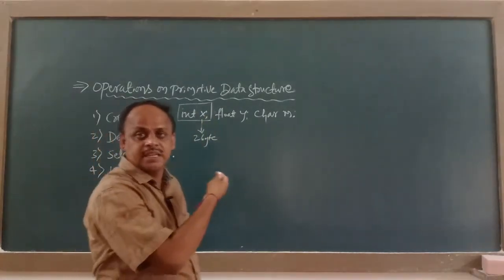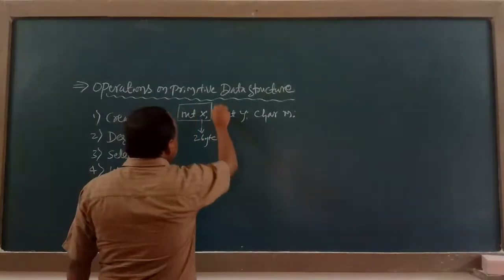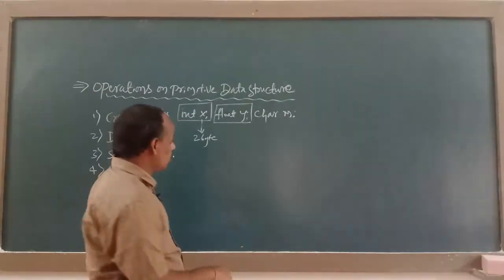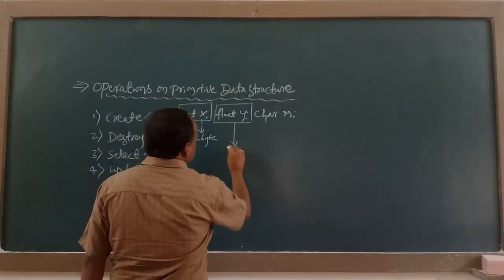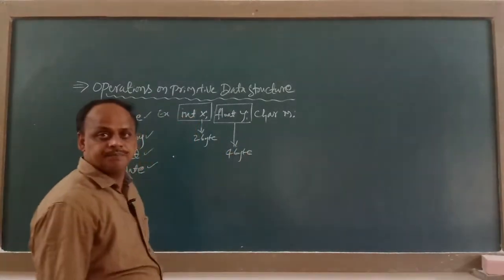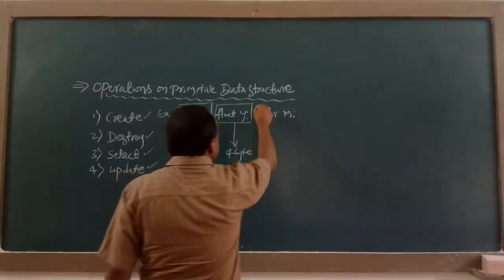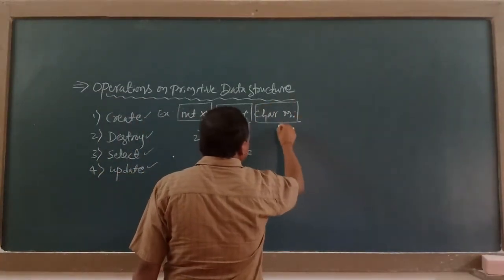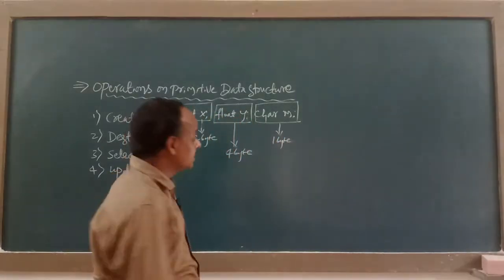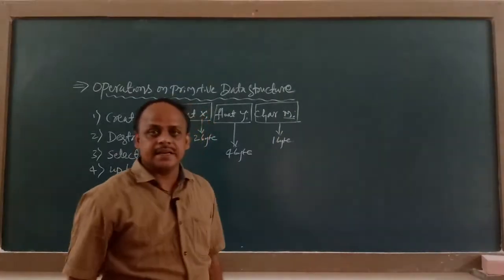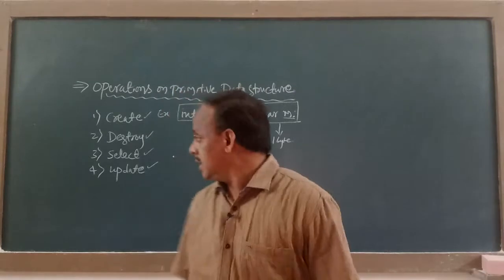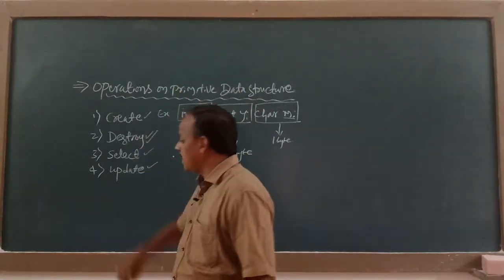We know this thing in the first year, right? Whenever we declare a variable with the data type float, then 4 byte memory is allocated, right? Whenever we declare a character type variable, one character means 1 byte of memory is allocated for this character. So this is what create operation is. And next one is destroy.